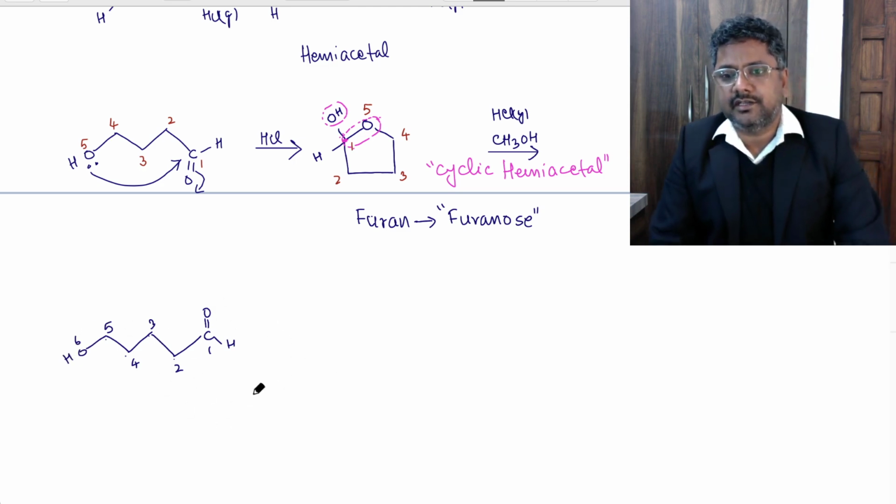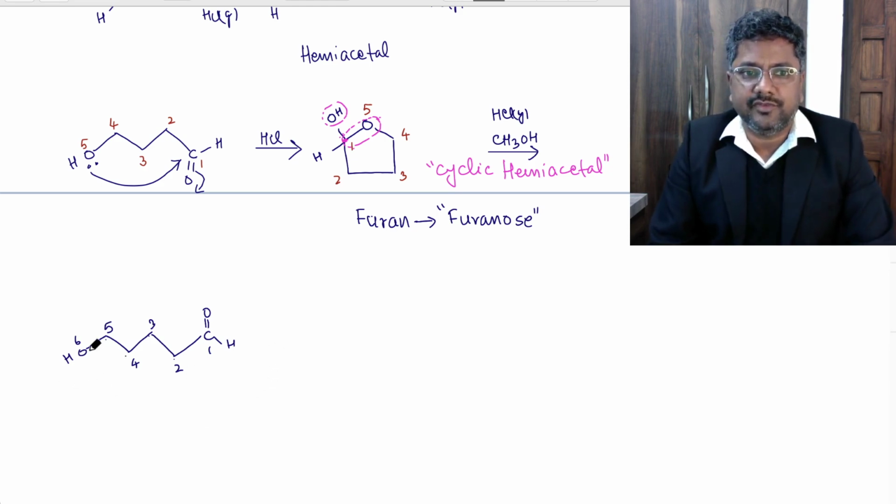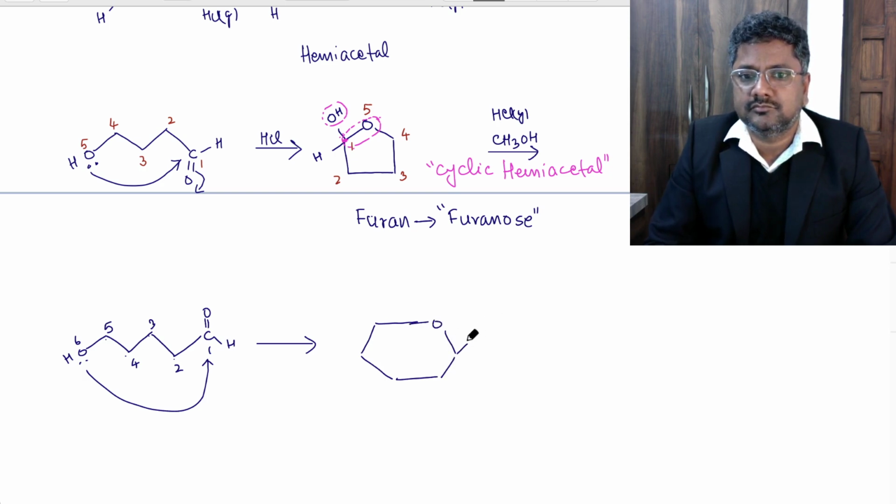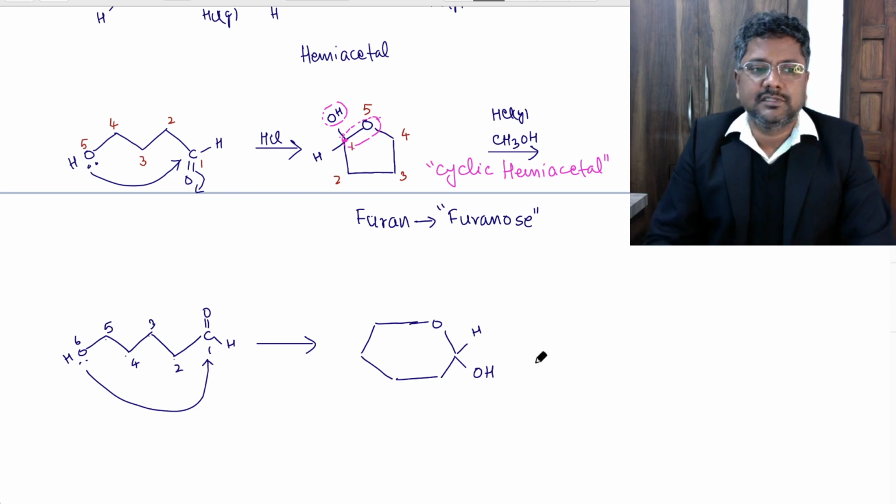So if you take a 6 carbon chain with an alcoholic group and this, they will condense and produce a ring, right?